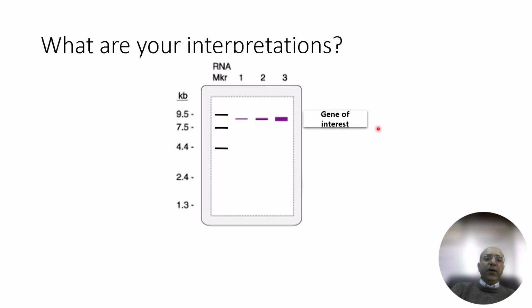Well, one would say, no, I did not make any mistake, and the proof for that is that we looked at the expression of a housekeeping gene. A housekeeping gene is a gene that is expressed and its expression does not change under different conditions, like histones, for example.